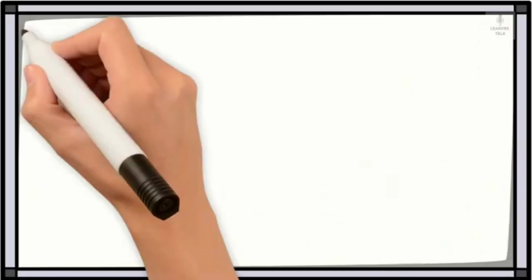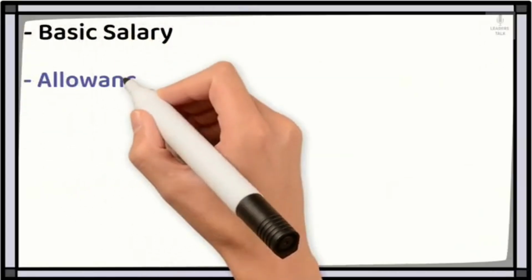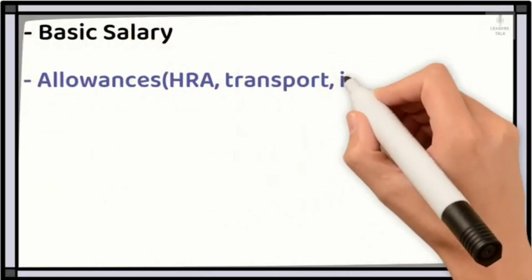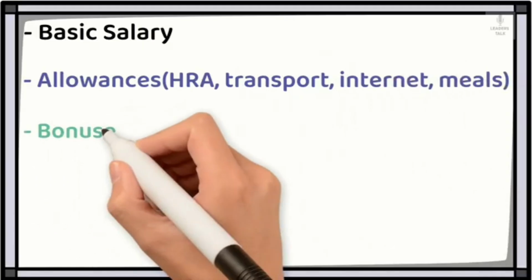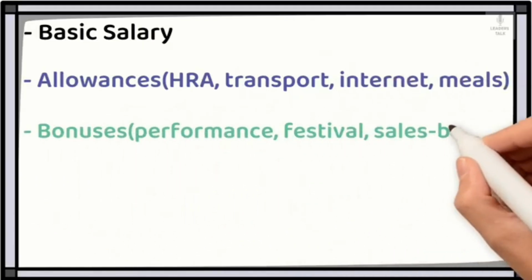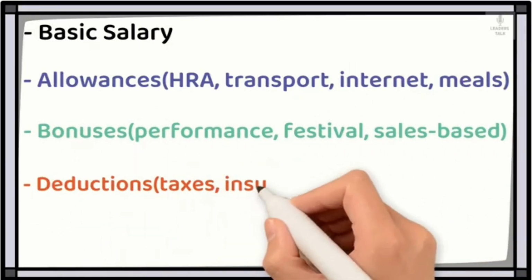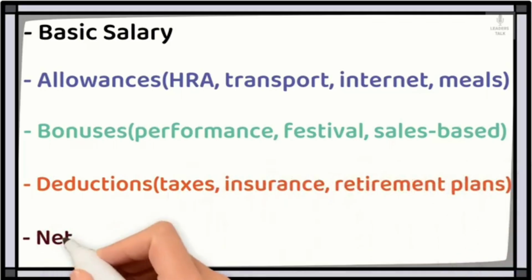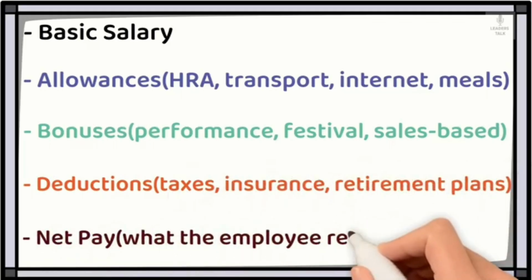The key components of payroll: basic salary; allowances such as HRA, transport, internet, meals; bonuses such as performance, festival, sales-based; deductions such as taxes, insurance, retirement plans; and net pay, what the employee receives in hand.